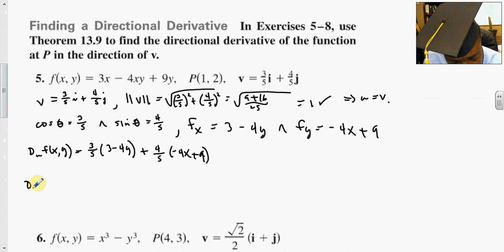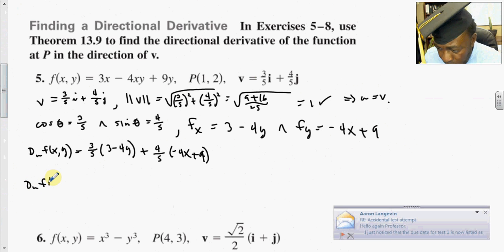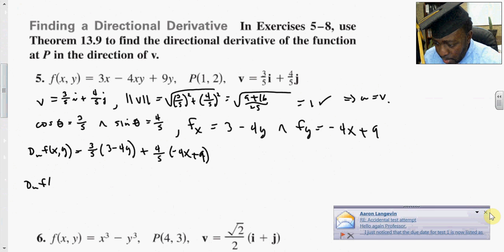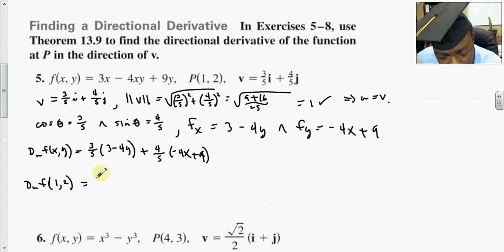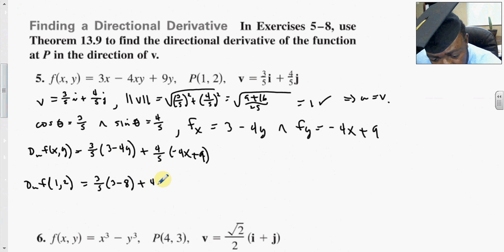Now we can evaluate this at the point 1, 2. It says at P. So we let x equal to 1, y is equal to 2. So we get 3/5 times 3 minus, here y is 2, so this is minus 8, plus 4/5. x is 1, so this is negative 4 plus 9.